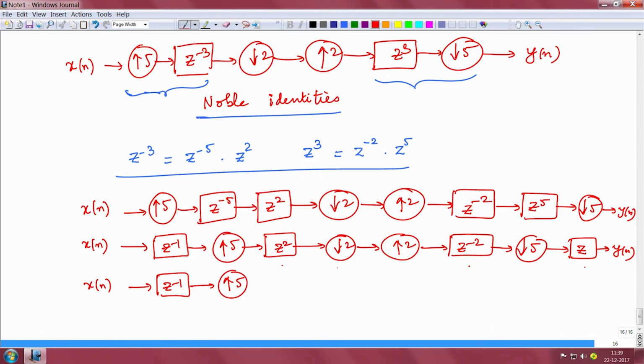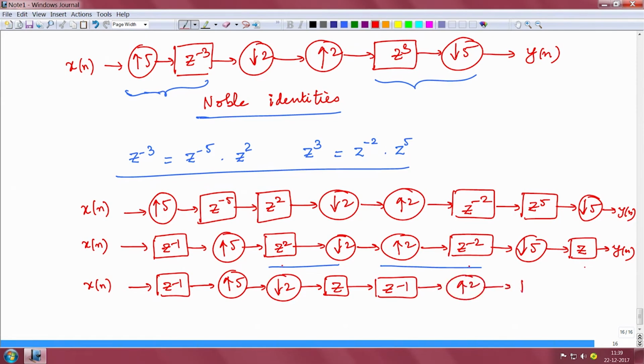Now if we see this block, we can use the Noble identities and further simplify it to downsample by 2, and this becomes z and this becomes z minus 1, followed by an upsample by a factor of 2, followed by a downsample factor of 5, and we have z and we have y of n.